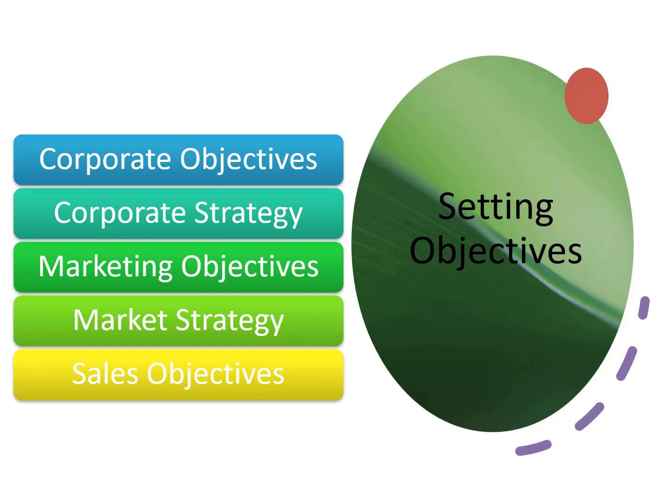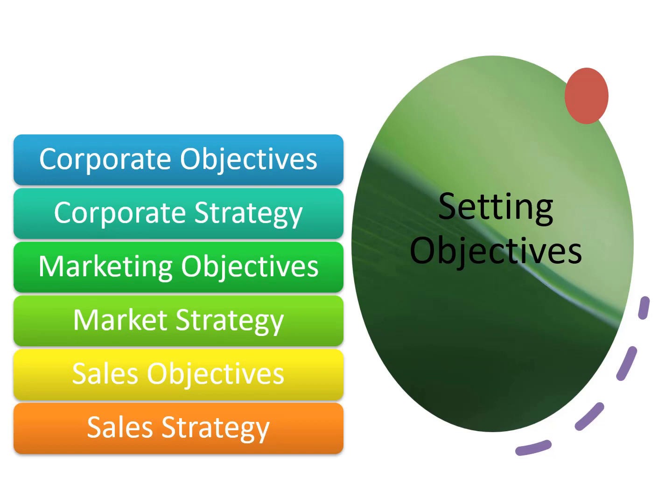Perhaps the sales objectives will be broken down by area, or broken down by customer, or broken down by characteristics in the market in some way. So there will be sales objectives and a sales strategy. How will different parts of the market be approached? The market may be segmented. The market may be males and females, or people over 65, under 65, under 50, under 30, or whatever it is.